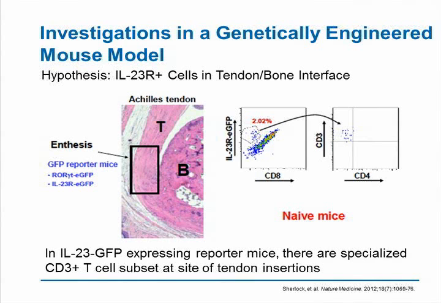That's to show you they're CD8 negative, and then when they subgated it and looked at it for CD4, they were CD4 negative as well, so they weren't either of those conventional subsets that we learned so much more about, but they are bearing this pan T cell marker CD3. So this was the first evidence, using these specially engineered mice, that there is a particular type of T cell that has higher levels of IL-23 receptor, and it's really at the Achilles tendon site.